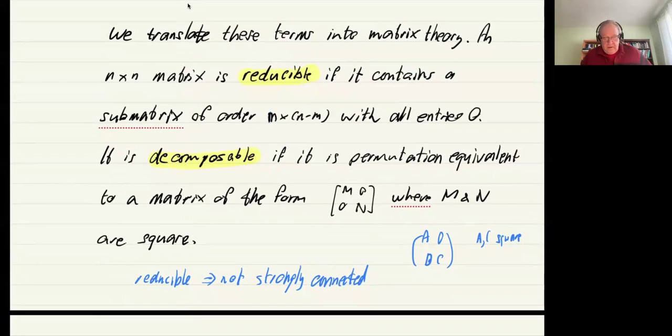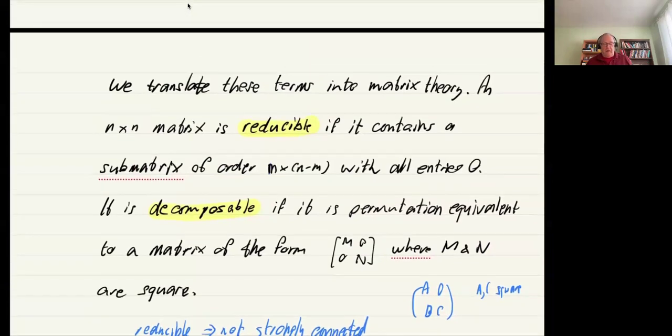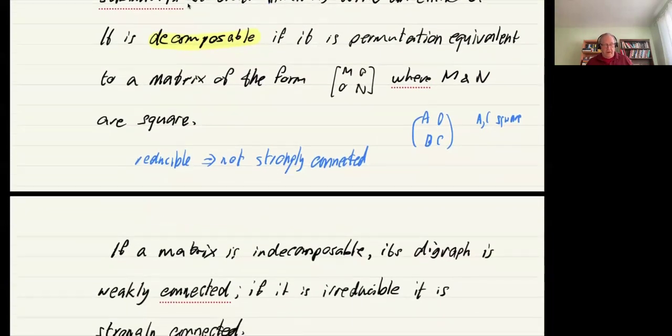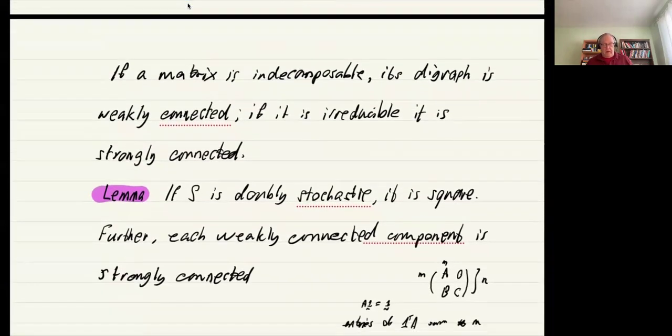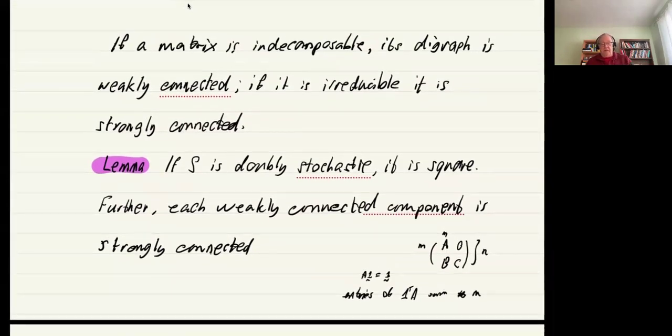Is that any better? Okay. So this terminology is all quite standard, and it's a bit more than I actually really need. What I need, in a certain sense, is simply to say that if S is doubly stochastic, it's square, and each weakly connected component is strongly connected.